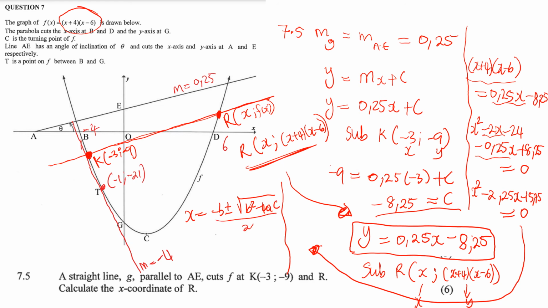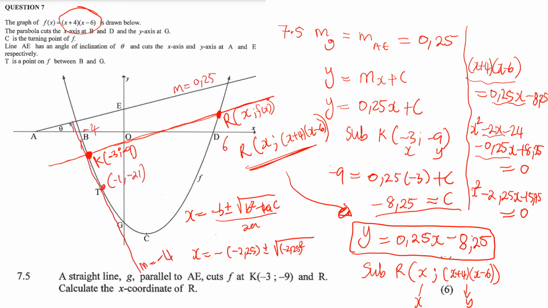So x will be equal to minus b, which is minus 2.25, plus or minus the root of b, which is minus 2.25 squared, minus 4 times a, which is 1, and c, which is minus 15.75, all divided by 2 into a, which is 1.